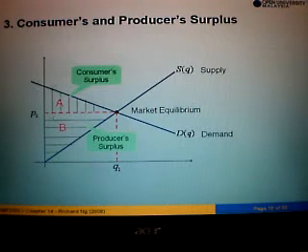Anything above, in the area A, will be higher than the price P1, and this is where some of the consumers are willing to buy at a price higher than the market equilibrium price. So whatever profit made here is known as the consumer's surplus.